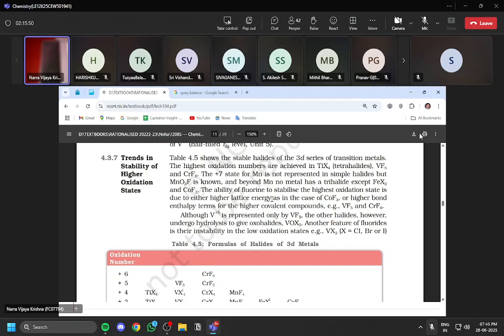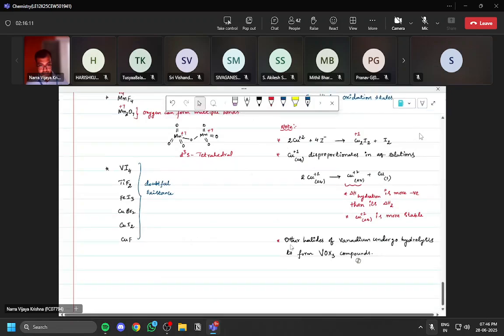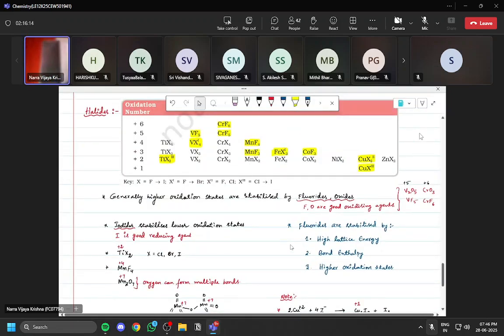Right? +7 state for manganese is not represented in simple halides, but MnO3F is known. And beyond manganese, no metal has trihalides except FeX3 and CoF3. Same point. See this? After manganese, what is the maximum oxidation state here? +3. There is no other halide more than +3. Right? Same point we are writing.